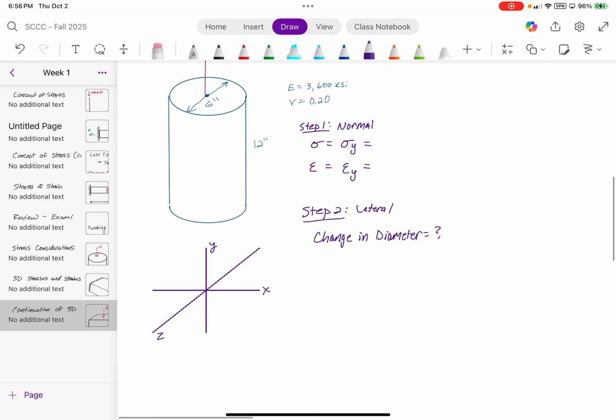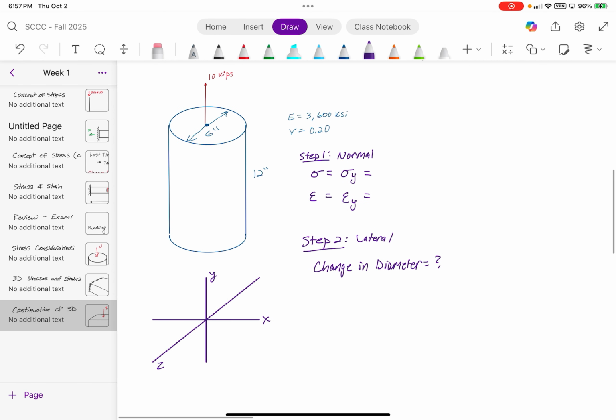Who here thinks they have the change in diameter? I want to hear some of your answers. Olivia, what did you get for the change in diameter? Negative 0.000000164, five zeros and 164.